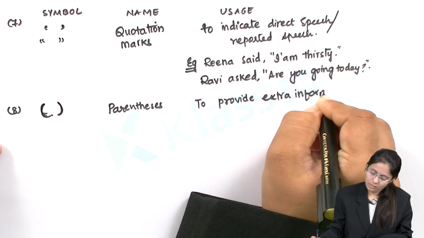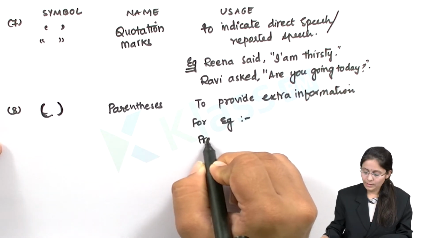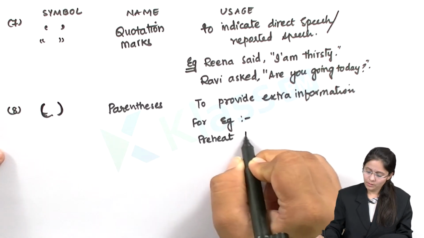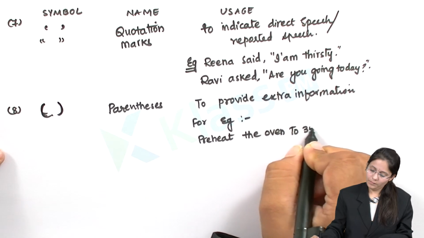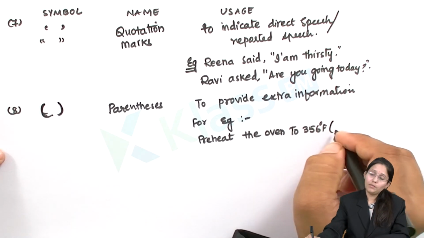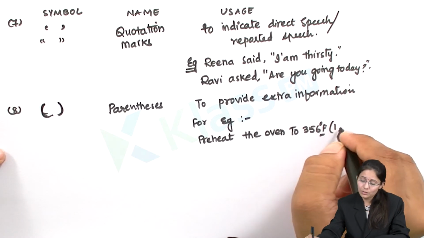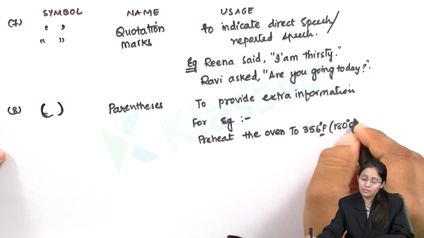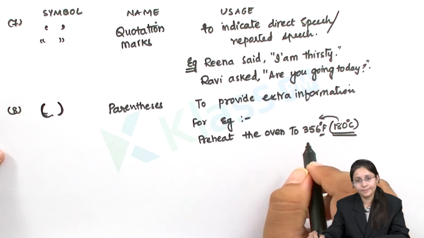For example, "Preheat the oven to 356 degrees Fahrenheit." Okay, so this 356 is given in degrees Fahrenheit. If we want to write in degrees Celsius, we write 180 degrees Celsius. This is extra information for this sentence.